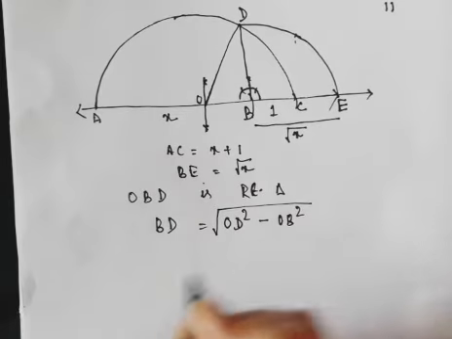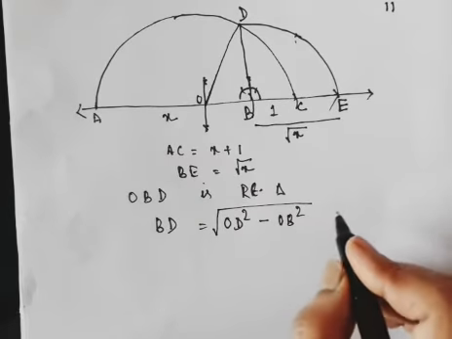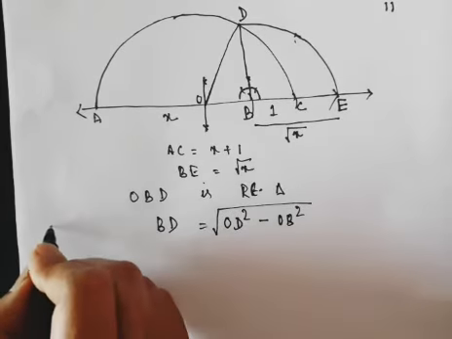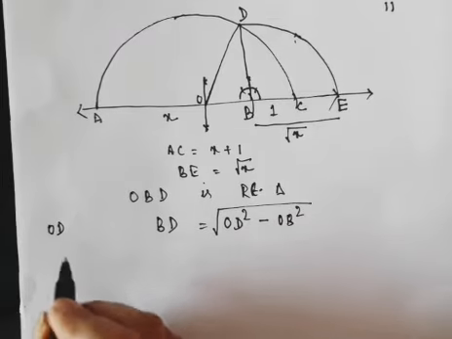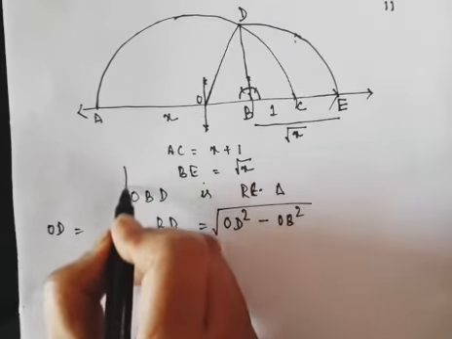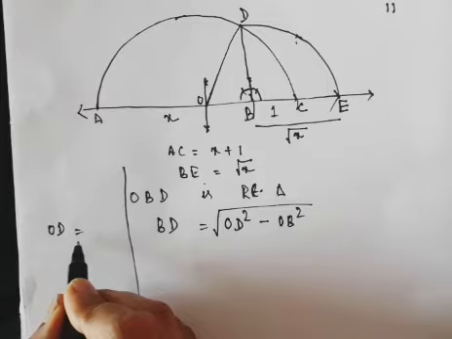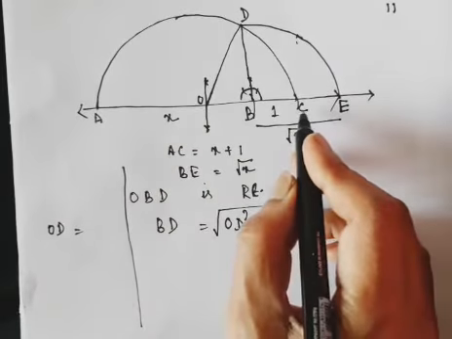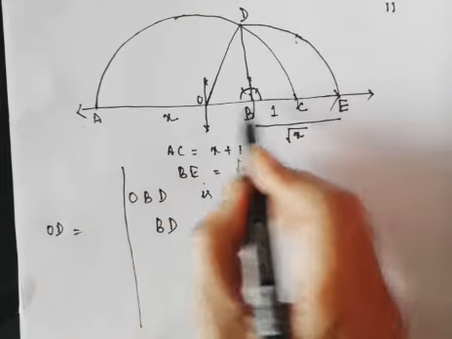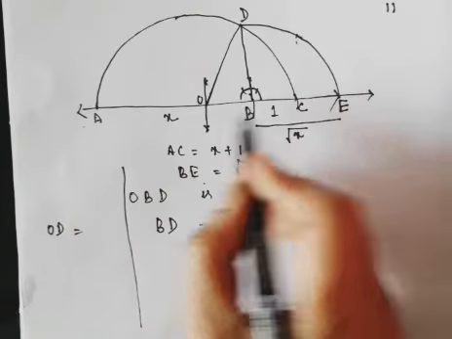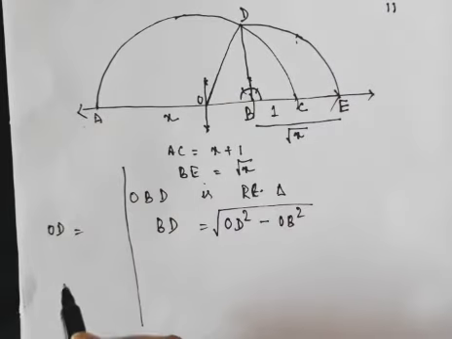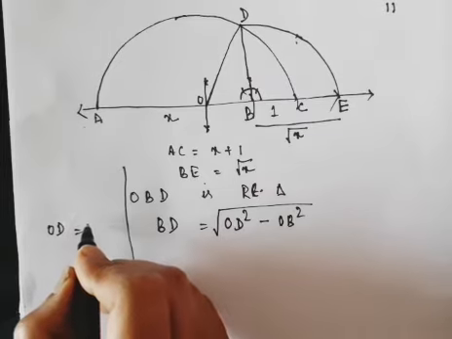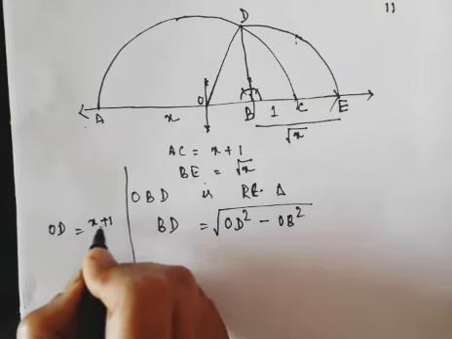But what is your BD? Let us see. OD is of how much length? OD is equal to the same as OA or OC. Why? OD, OA and OC are the radii of the same semicircle. So we can say OD is equal to OA, that is equal to (x plus 1) by 2.